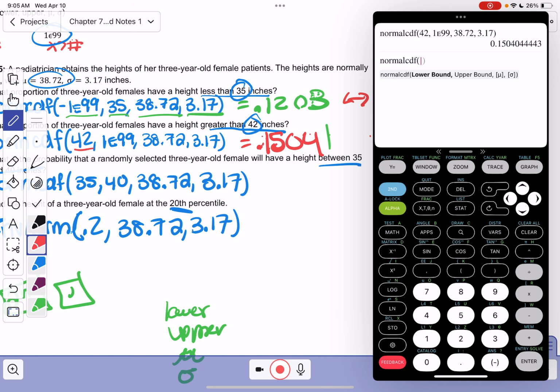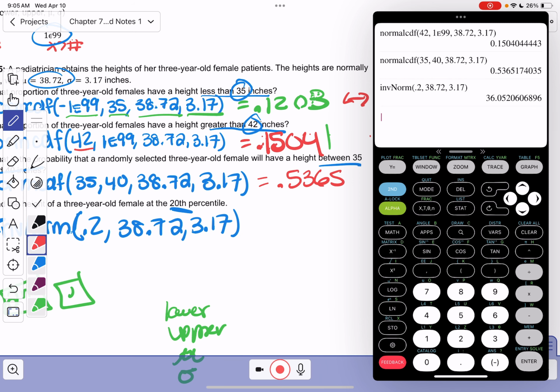Then if I do it again, 35, 40, 38.72, 3.17, I get 0.5365. And then our inverse norm is 0.2, 38.72, 3.17, and we get 36.05.